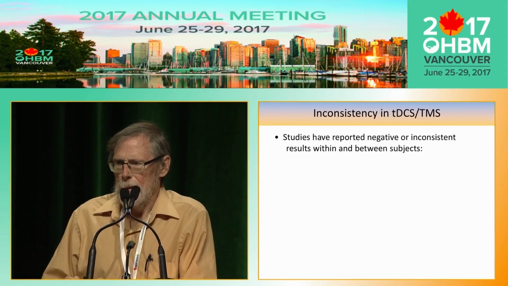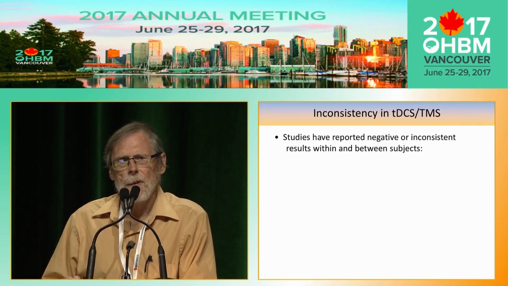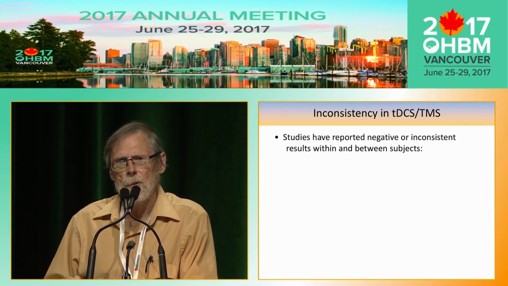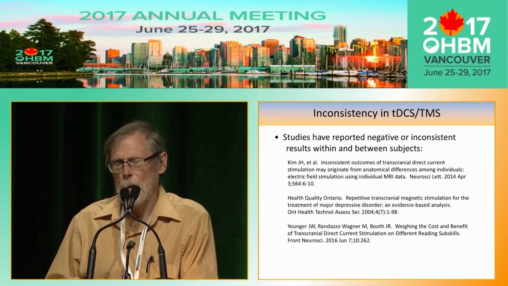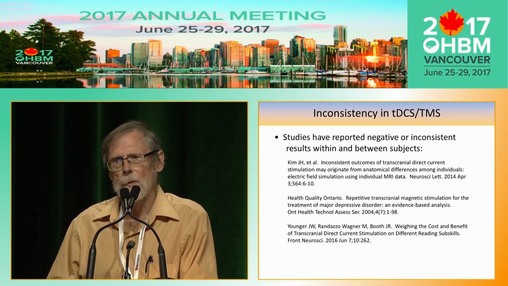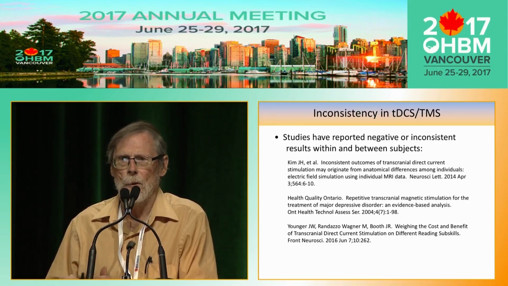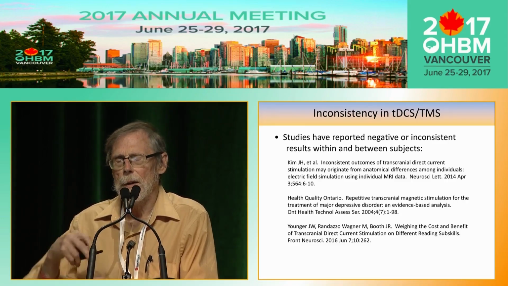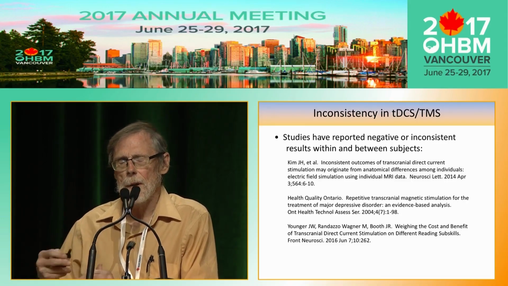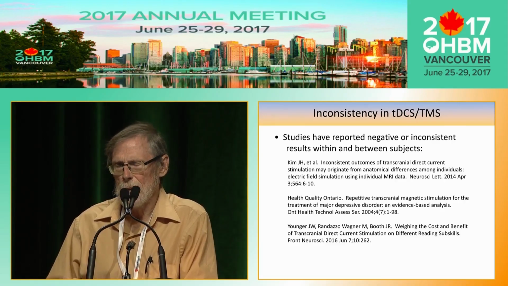So the problem with all of this is that if you look in the literature, there's a huge amount of inconsistency. And so a number of studies have pointed out the inconsistencies. That is, one study might show an enhancement of a particular effect when applying anodal TDCS. Another might show exactly the opposite. And so a number of studies have looked at this.